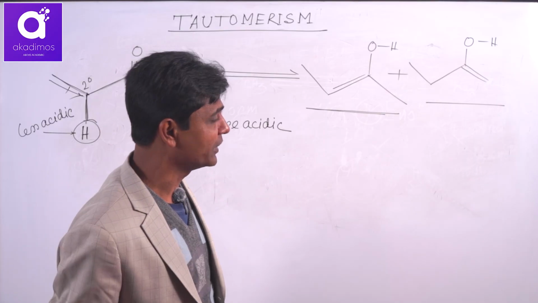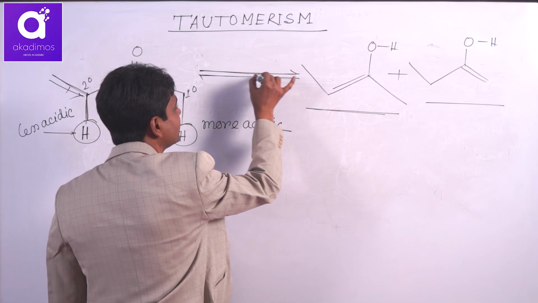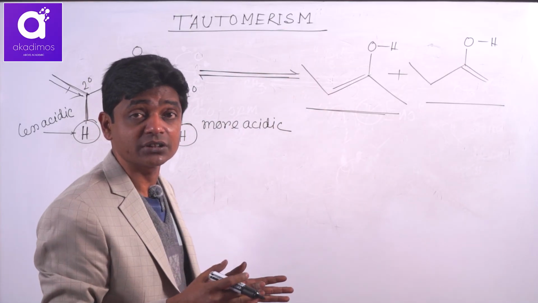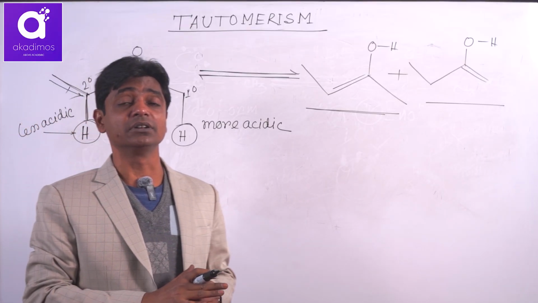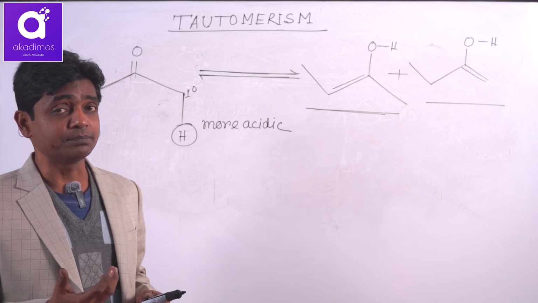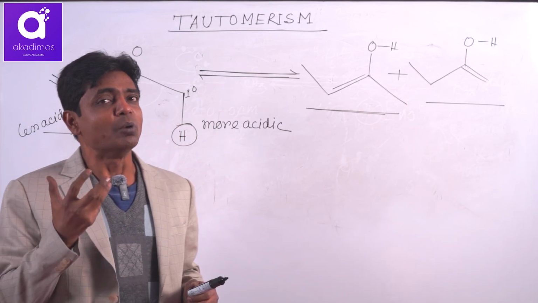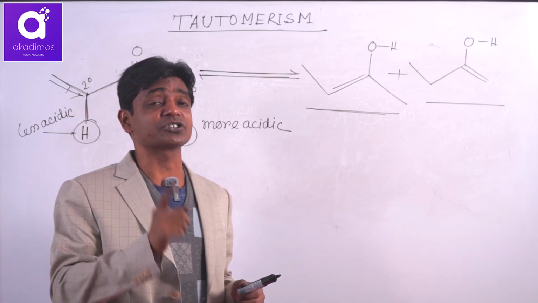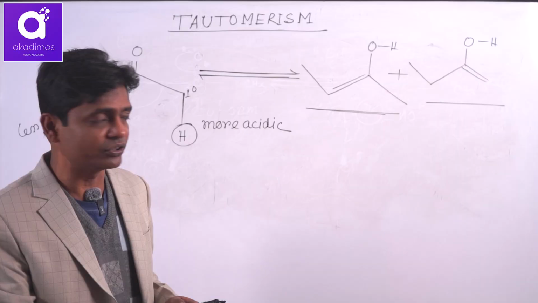See the problem. I told you, it is an equilibrium phenomenon. That means interconversion is permissible, and if interconversion is permissible, then you always decide major and minor by considering their thermodynamic stability. More stable, major. If interconversion is permissible, that is called thermodynamically controlled.